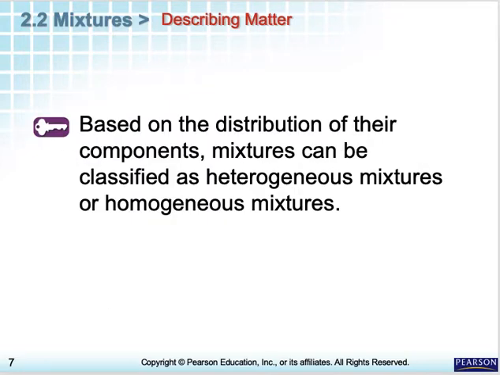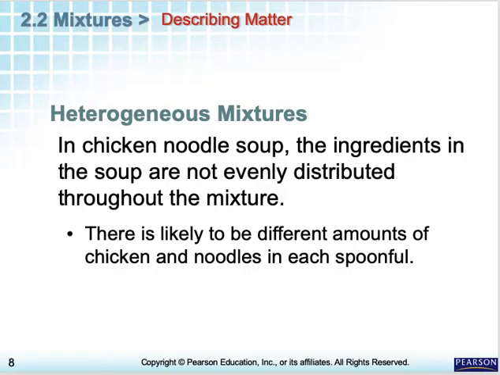Based on the distribution of the components, a mixture can be classified as either heterogeneous or homogeneous. And this gets a little trickier. Chicken noodle soup would be heterogeneous. We have the part that is a liquid, the broth, but then we have the solid noodles and chicken and carrots.